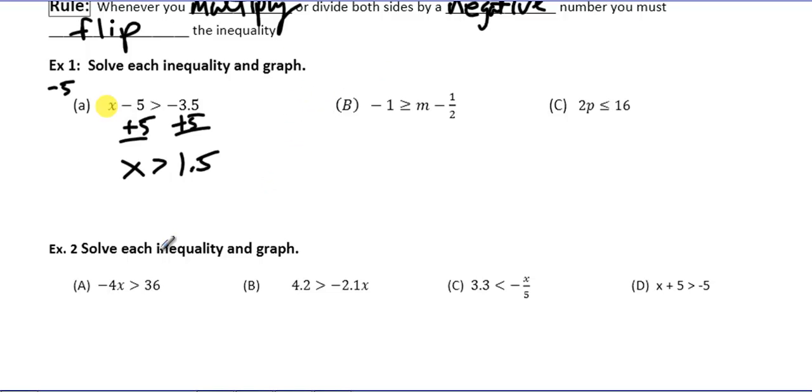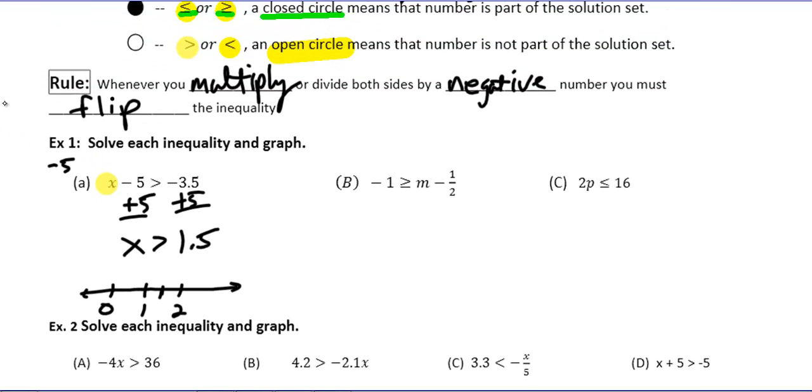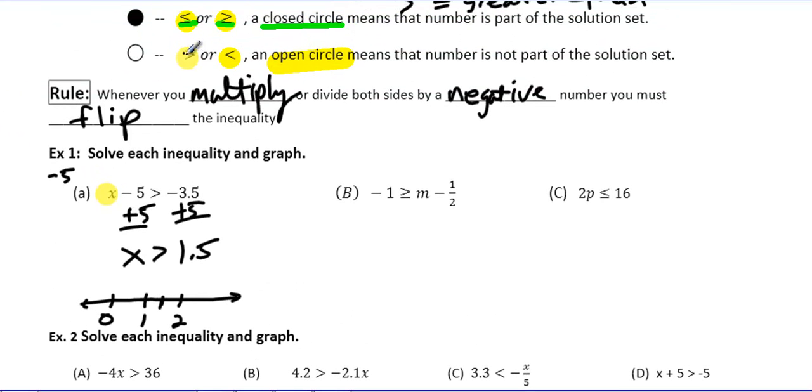Now notice the graphing piece. We're going to graph this on a number line. So I have 0, 1, 2. 1.5 is in between 1 and 2. Notice it says greater than, and this sign goes with an open circle, because that means 1.5 is not part of the answer set.